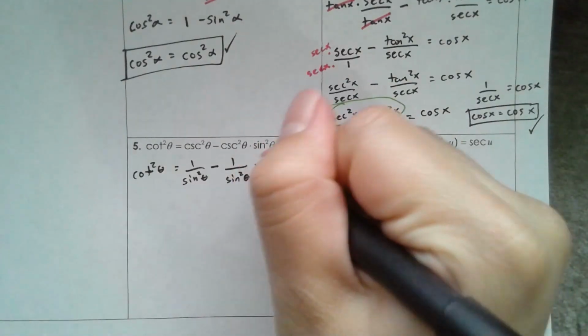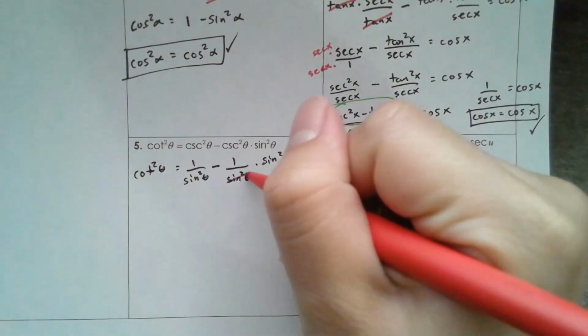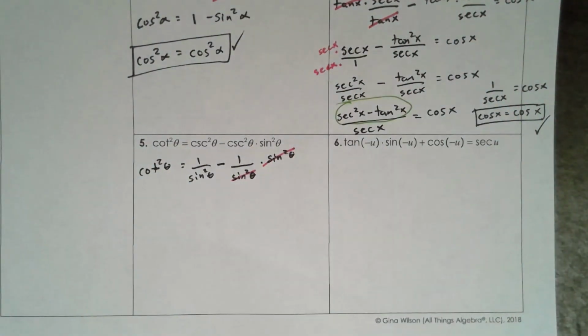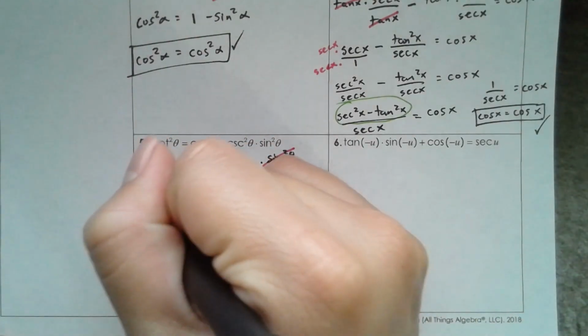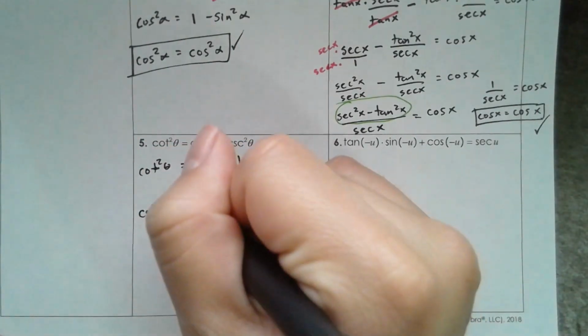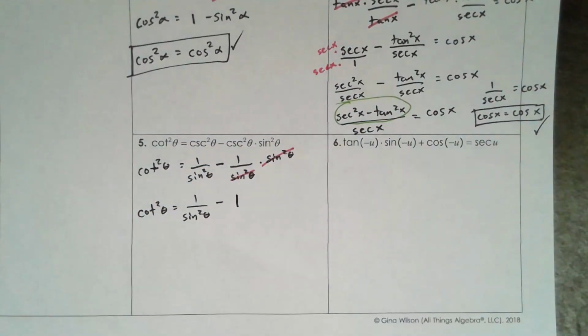Okay, these guys cancel out. So then I'm going to have cotangent squared theta is equal to 1 over sine squared theta minus 1.